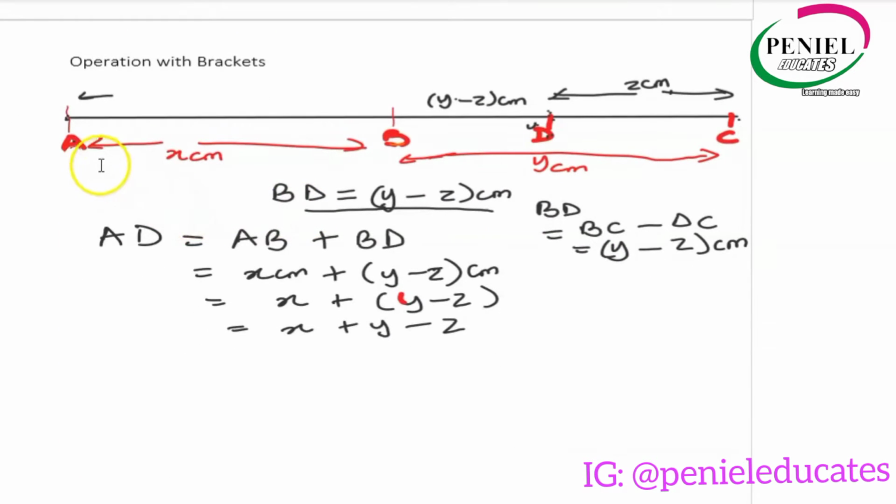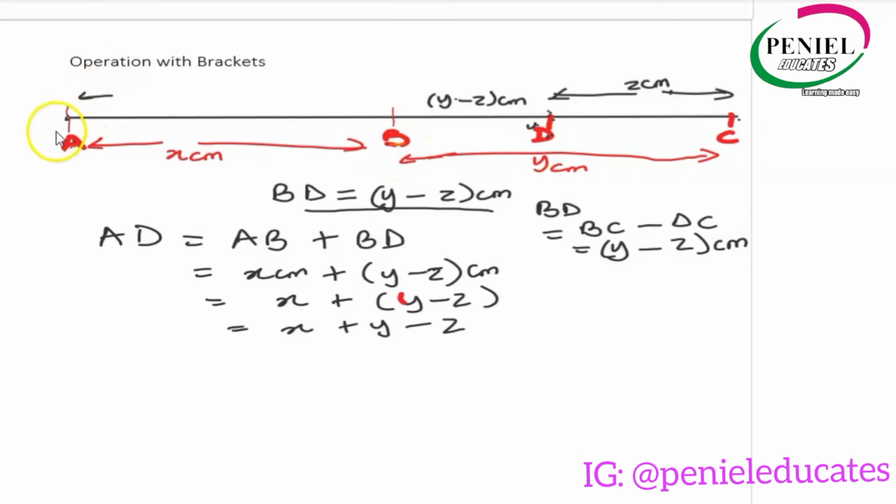We have a line AB, then BD, then we have DC. Now line AD, from this A here to here, is actually AB plus BD.